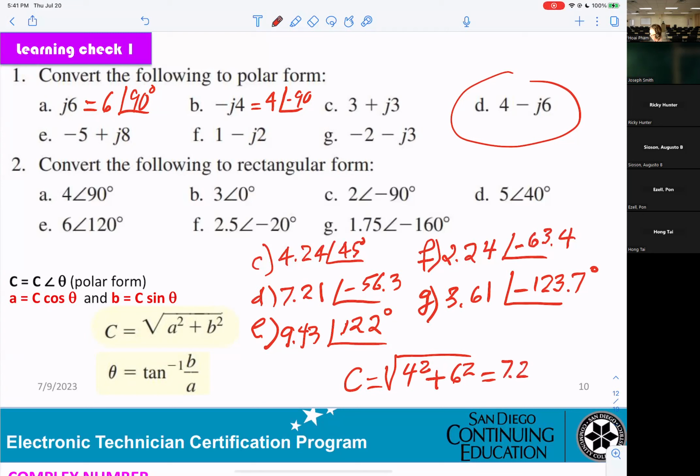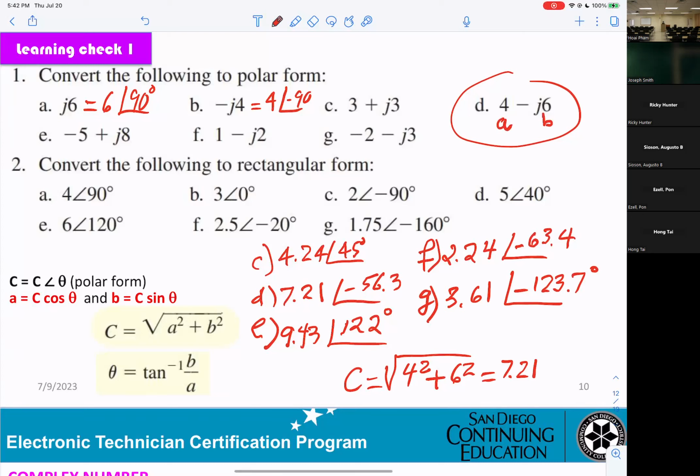I'm just trying to find out how you get the angle. Okay, the angle. So the angle will be arctan of B over A.